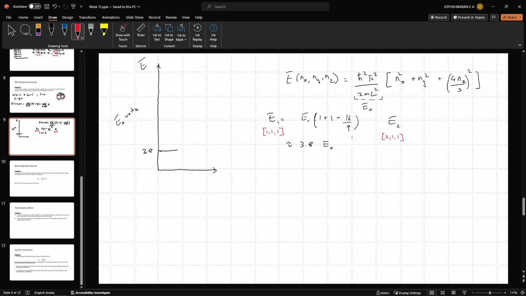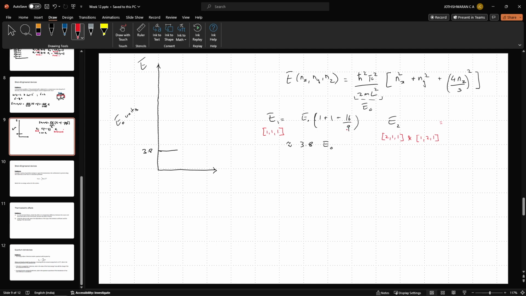But the point is, whenever Lz takes a value, its impact is more pronounced on this energy band structure. So what was a threefold degeneracy will now split. There will be a lifting. So this and 1, 2, 1 will have the same energy level, and that's going to be 1 plus 4 plus 16 by 9.